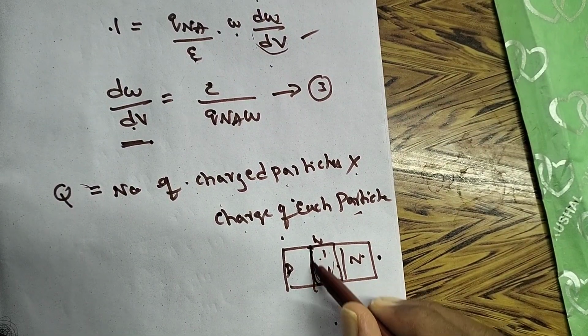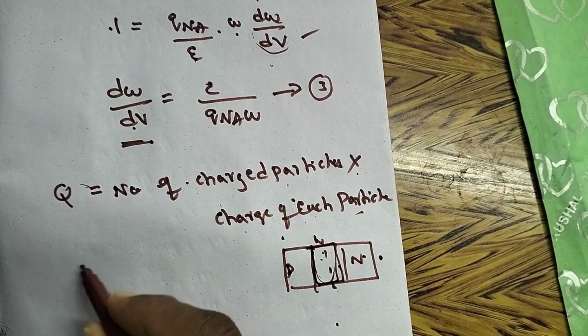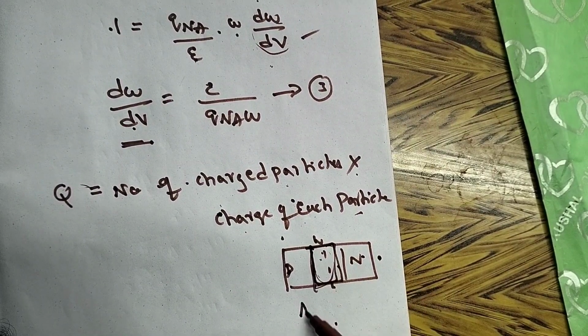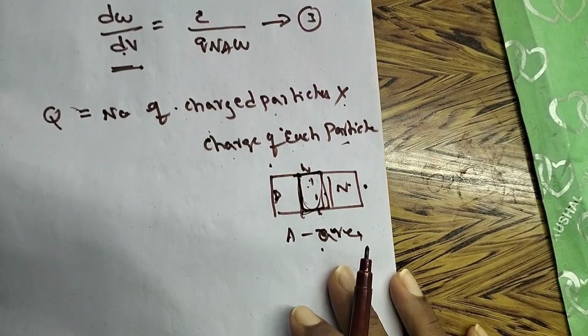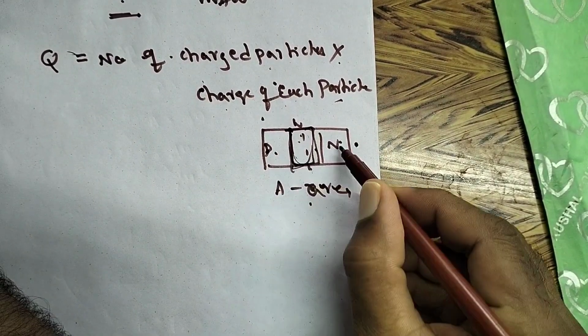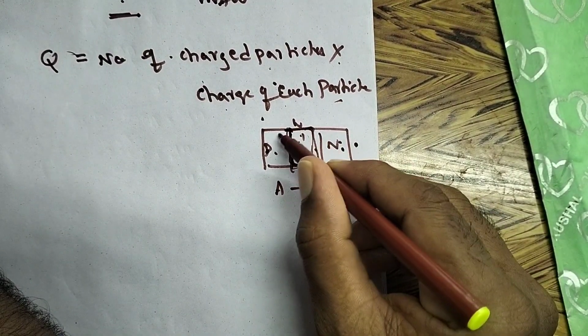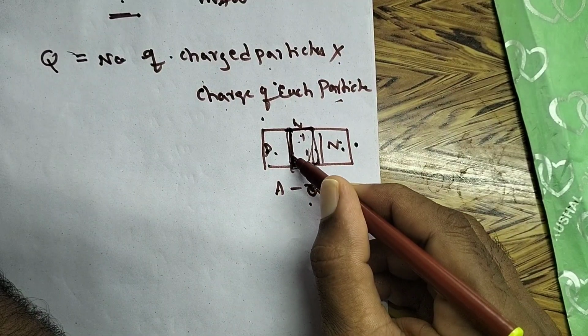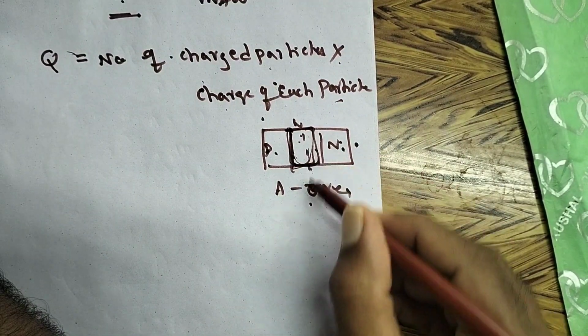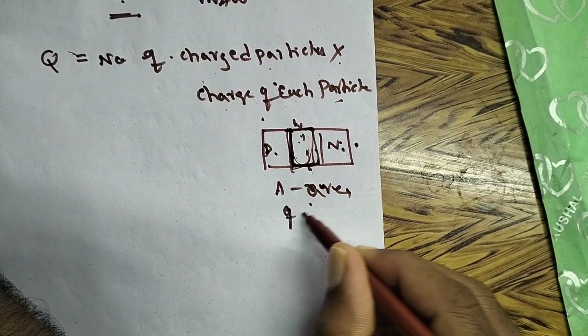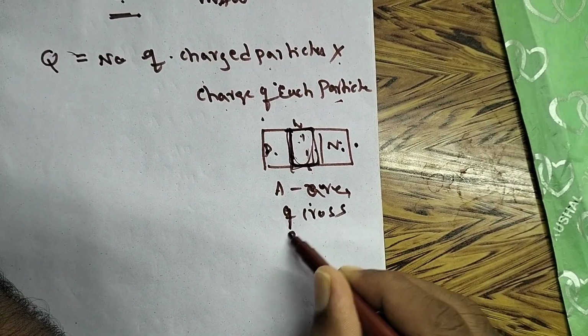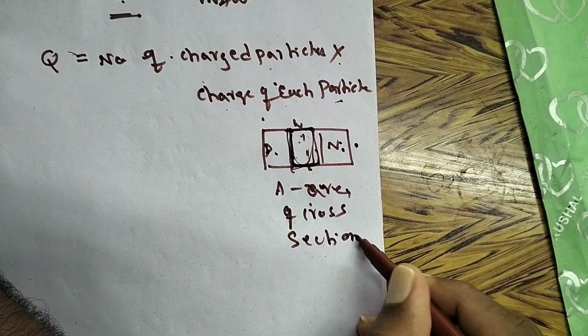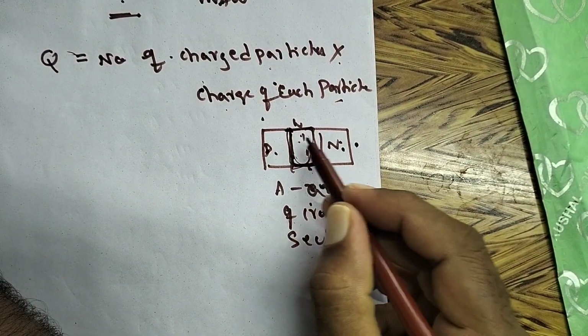Okay, in that this is the total area. So total area is nothing but, this is the P type and N type. This is the depletion layer total area. Okay, so this is the area of cross section. In this area what are the things there?